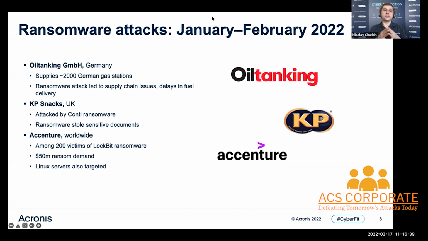That's one point. And another point is it wasn't just a set of random Linux servers for that company. These were Linux servers which were essentially VMware ESXi servers. So these were the virtualization hosts that were hosting various systems, various operating systems, various virtual machines.